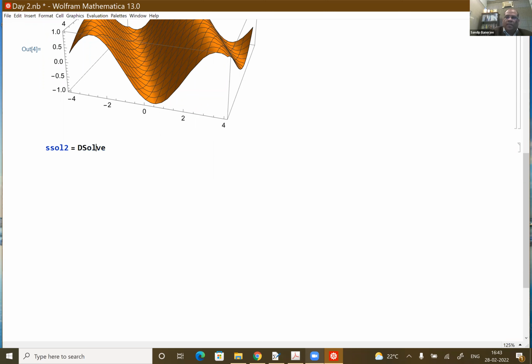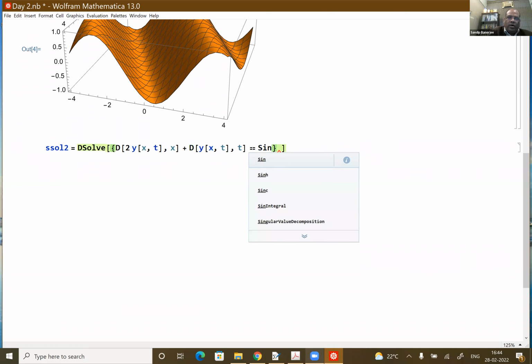Solve D[2 y[x, t], x] + D[y[x, t], t], and say make it nonlinear by just putting an x, and say y[0, t].